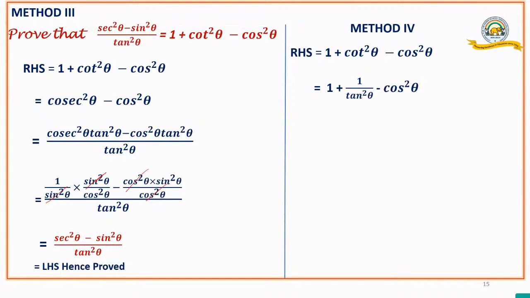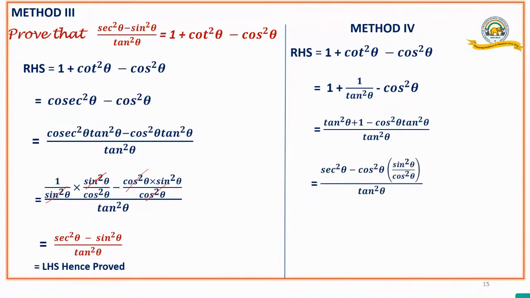So, cot square theta, we are writing as 1 by tan square theta, plus 1 minus cos square theta. Now take the LCM, we get 1 plus tan square theta minus cos square theta into tan square theta. So 1 plus tan square theta is nothing but sec square theta.